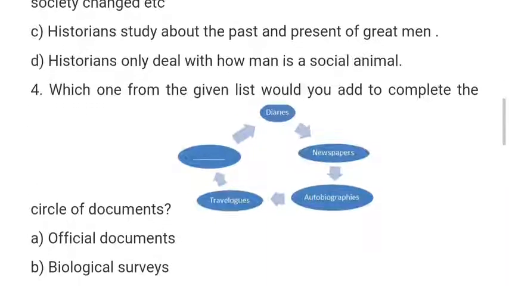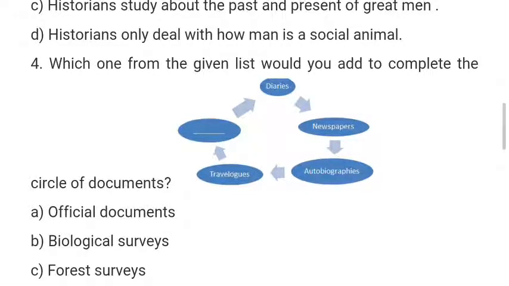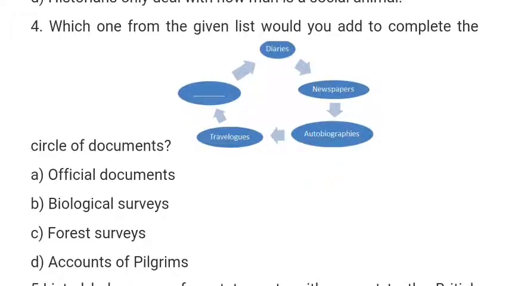Then question number 4: which one from the given list would add to complete the circle of documents? It starts from diaries, newspapers, autobiographies, travel logs. So what comes next? The options are official documents, biological surveys, forest surveys, accounts of pilgrims.